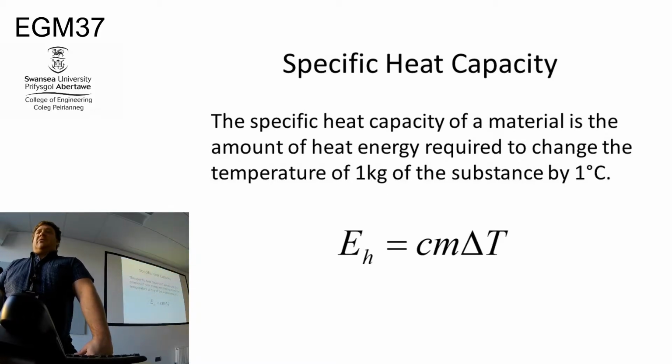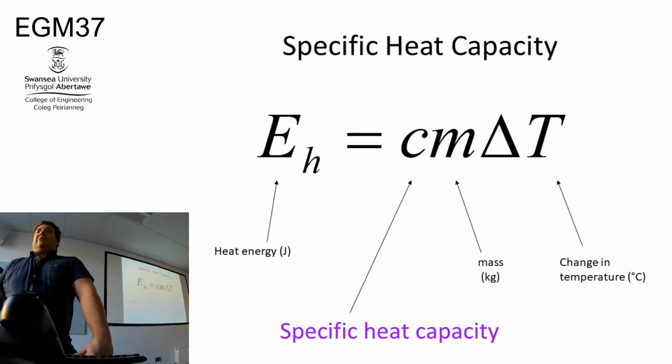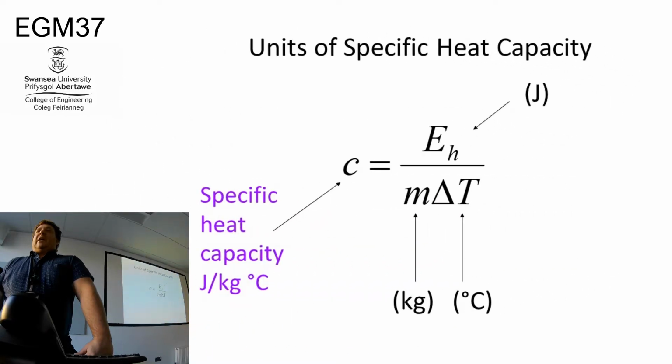So E equals specific heat capacity times mass times the change in temperature. Heat energy in joules, mass in kilos, change in temperature in Celsius or Kelvin, and that's your specific heat capacity there. And units are joules per kilogram Celsius or joules per kilogram Kelvin, or kilojoules per kilogram Kelvin or Celsius.